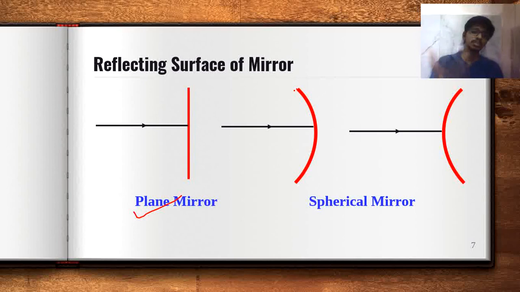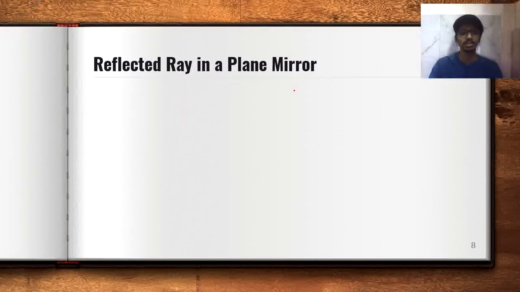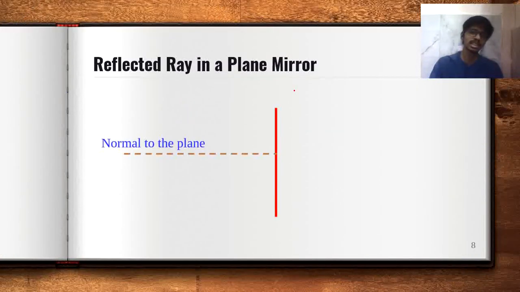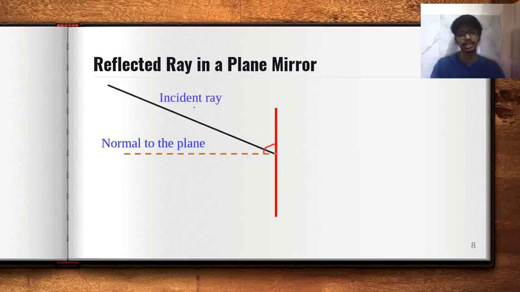In the reflection in a plane mirror, this is the plane mirror, this is the plane surface, and this is the normal to the plane. That means this will be 90 degrees. Now this is the incident ray, and there will be an angle, theta I, the angle of incidence.